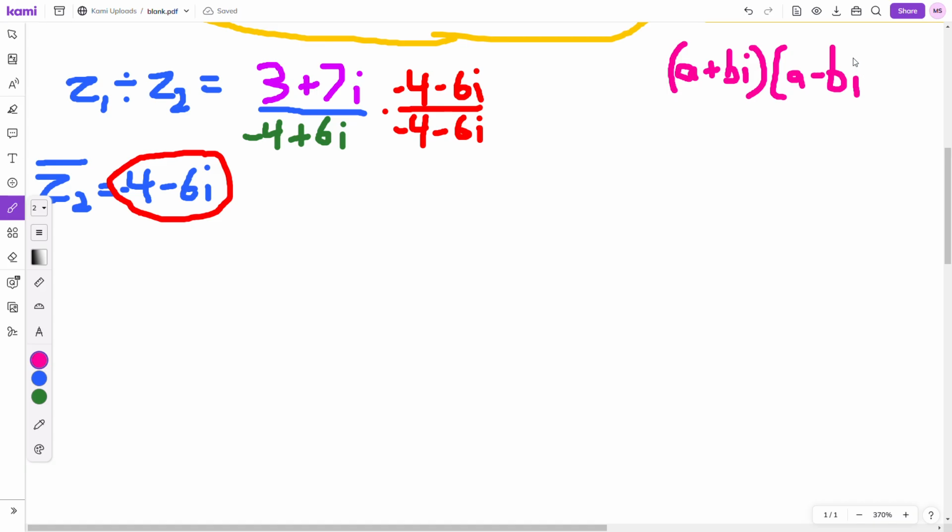I'll put the dot really high. I apologize, my video software is in the way. If you multiply a complex number by its conjugate, what you get is the square of the first plus the square of the second, but just the real parts.